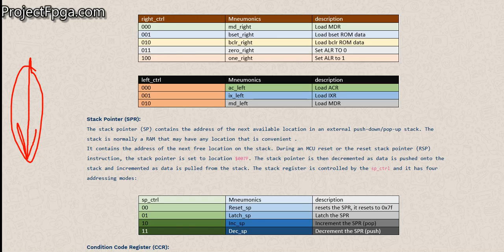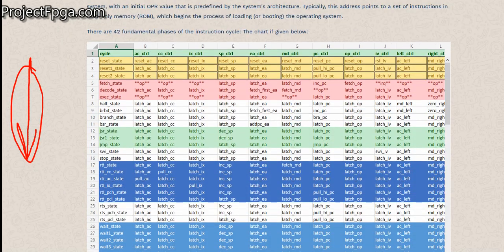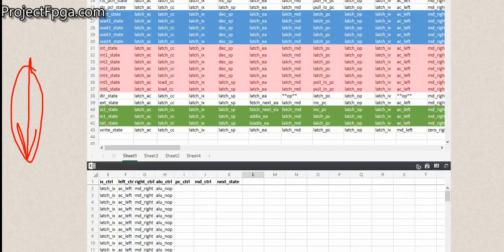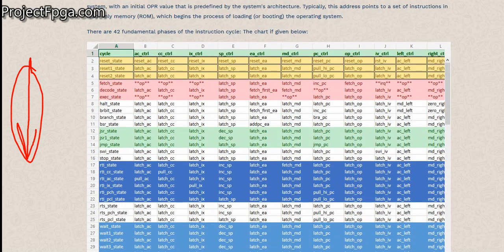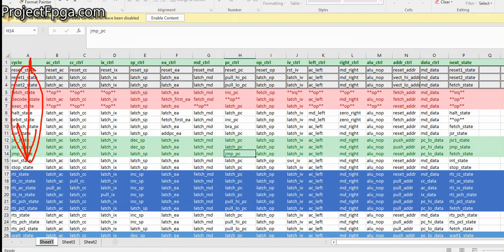So I was saying from the last tutorial, this is the instruction cycle. The CPU goes from one state to another continuously, described as the instruction cycle. This is the instruction cycle of the 6805 SoC.